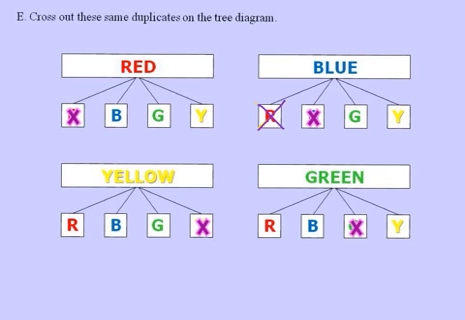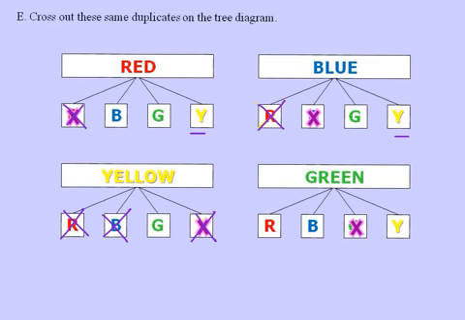I'm going to cross out nothing else in that one. In my yellows, I'm going to cross out the yellow red because we have that here. I'm going to cross out the yellow blue because we have that over here. And that's it. We already have that one crossed out. We already have that one crossed out.